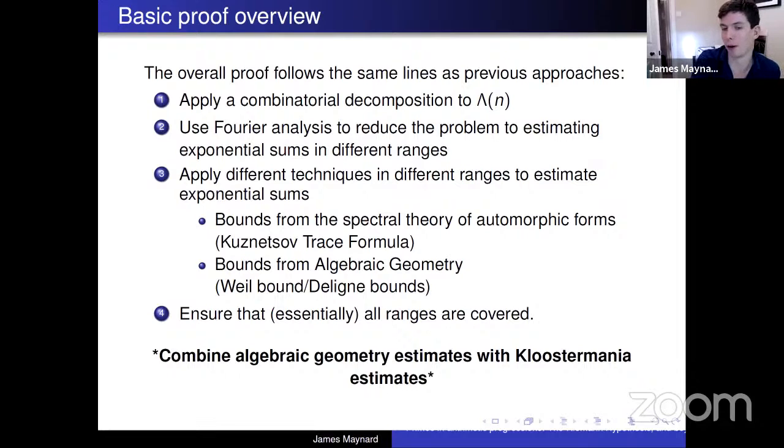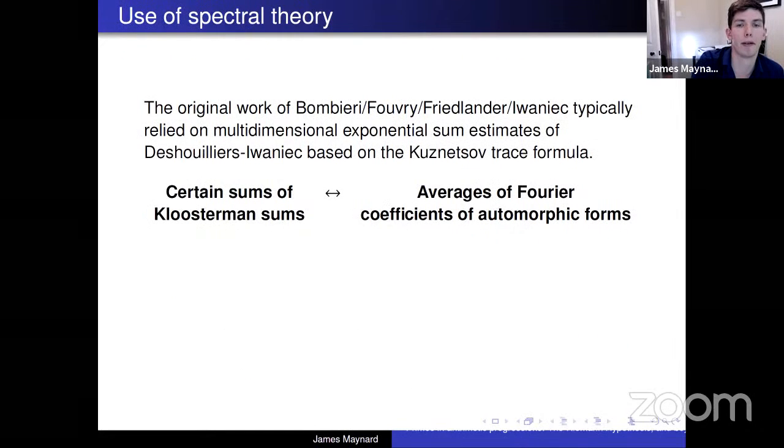So this is very much on the technical end of analytic number theory. So I think I will not go into a huge amount of detail here, but all I'll say is that the reason that automorphic forms appear is that it's very natural in these sorts of questions that you arrive at certain sums of special exponential sums called Kloosterman sums, and the Kuznetsov trace formula is just this amazing method for allowing you to turn certain sums of Kloosterman sums into certain averages of Fourier coefficients of automorphic forms.